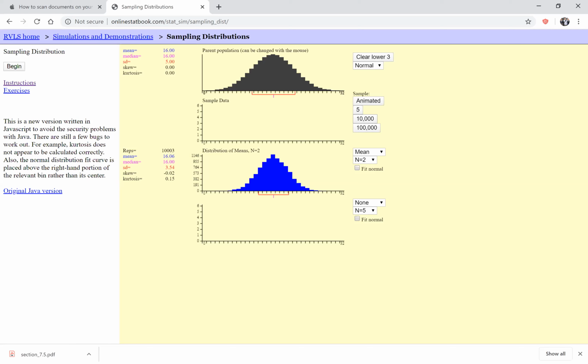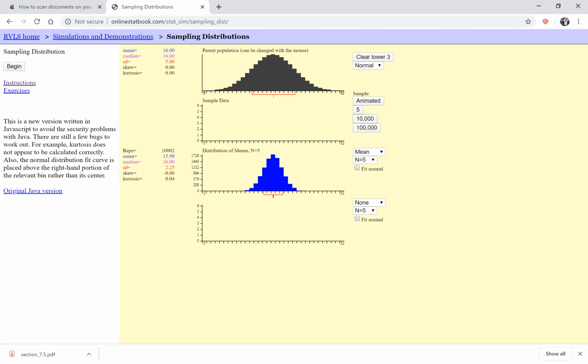Okay, well, let's take samples of size 5 instead of size 2. I want you to pause the video for a second and think about what you think is going to happen if I take samples of size 5 and calculate the sample mean, whereas before we took samples of size 2 and calculated the sample mean. All right, now that you've had a chance to do that, we can take a couple samples, and then we can just simulate 10,000 of them.